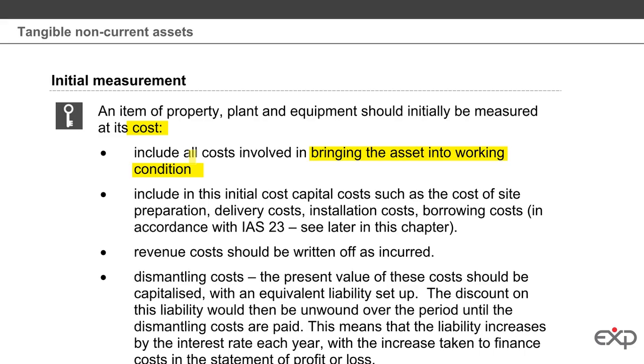So if you're building a building, it'll be digging foundations. But if you're putting in some machinery, it may be where you've got to knock down a wall or raise a floor to incorporate it. It will also include any delivery costs. Now, these are costs bringing the asset to you. Installation, if somebody helps you plug it in. We'll talk about borrowing costs a little bit later, but those are also included.